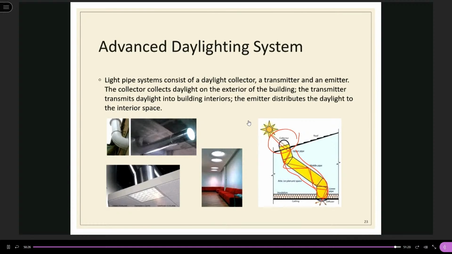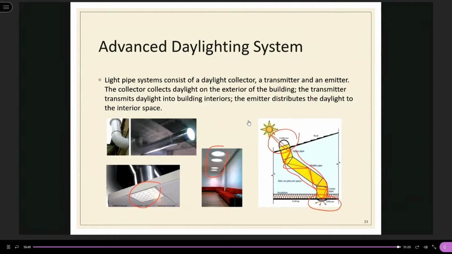This emitter is just like an ordinary lighting fixture mounted on the ceiling, or maybe sometimes on the side of the wall. The transmitter transmits daylight into the interior, and the emitter distributes daylight to the interior.